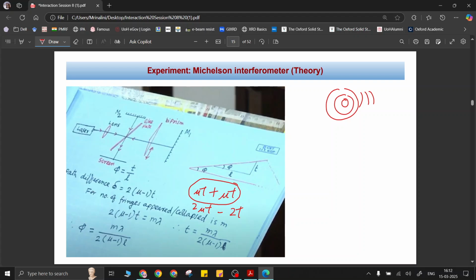Alright. So if the number of fringes which appear or collapse is m, then the path difference will be equal to m times lambda, and from this we can get the thickness of this biprism: t equals m lambda divided by 2(mu minus 1). And from this relation we get this angle.